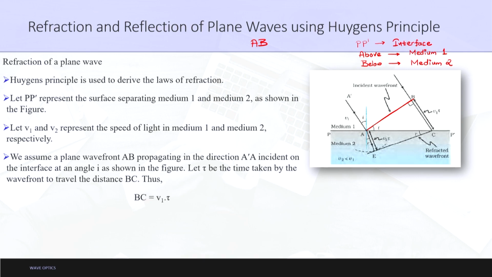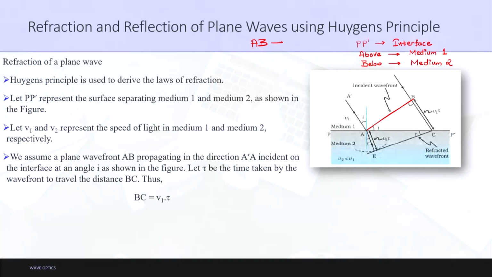The wavefront is incident on the interface. So AB is the incident wavefront, and I will explain how this came, but for now let us suppose that EC is the refracted wavefront.